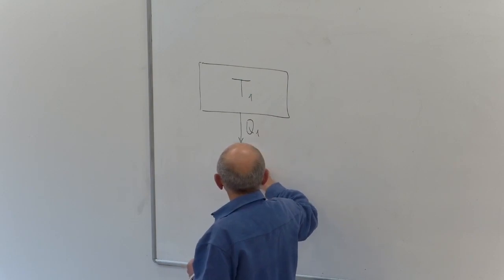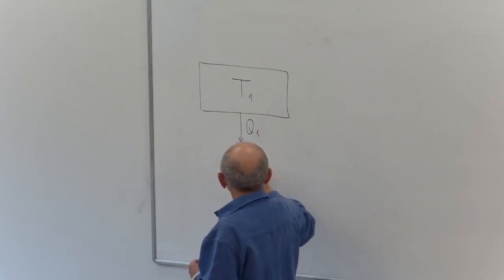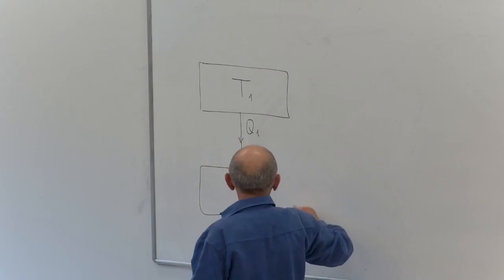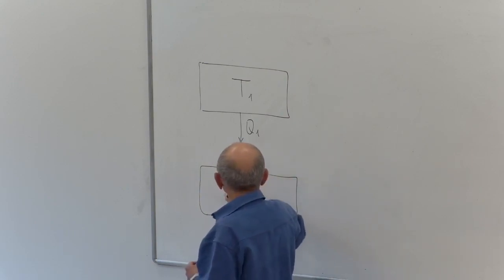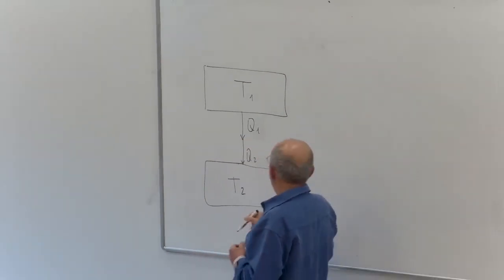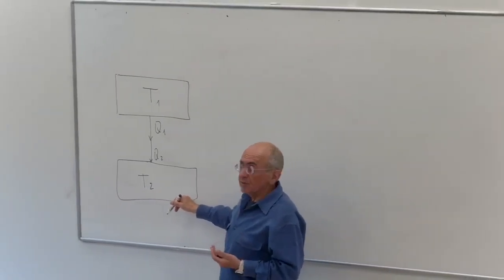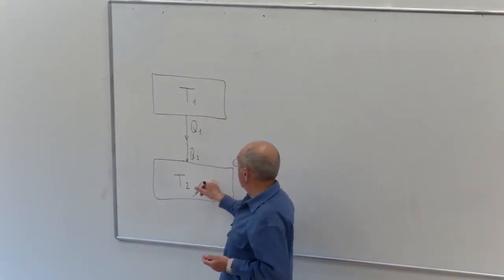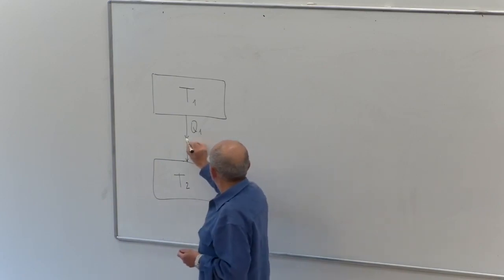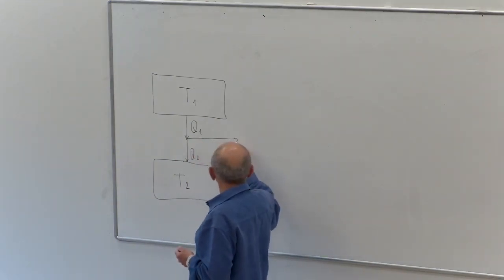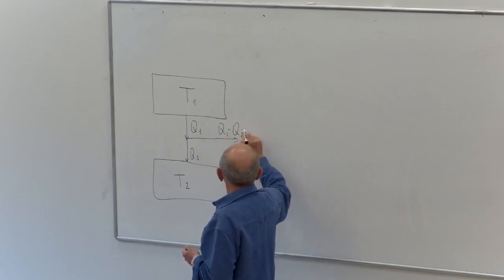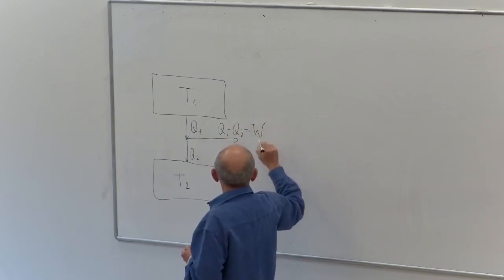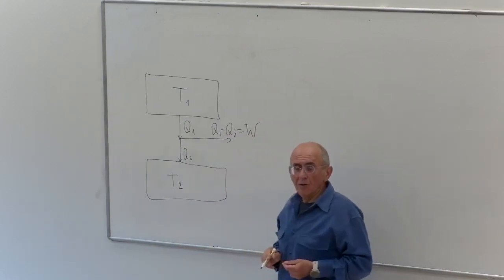Then there is a heat Q2 which is delivered to another body having a temperature T2. And this is usually your environment. This is your engine and your car, and this is your outside air into which you leak heat. So the difference Q1 minus Q2, equal to work, is actually what you obtain.